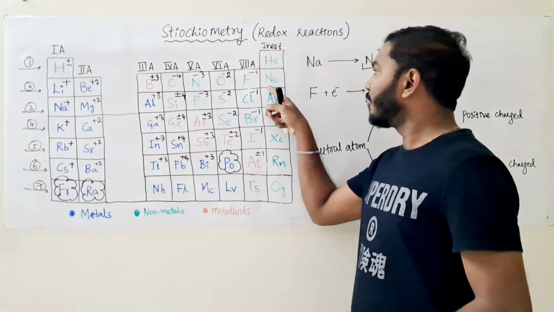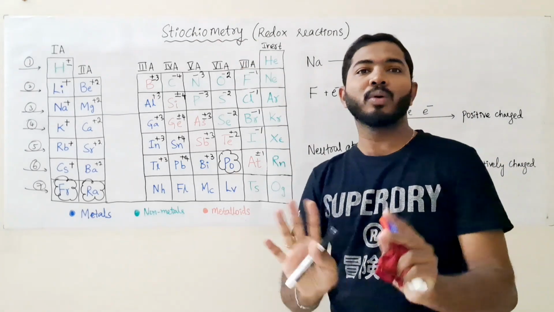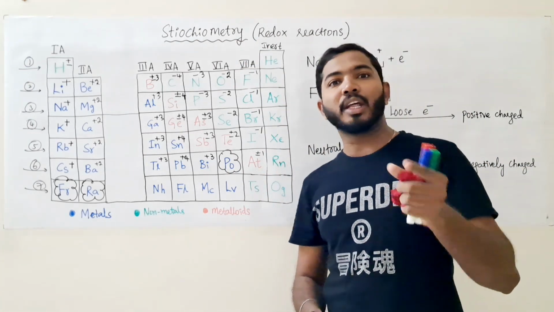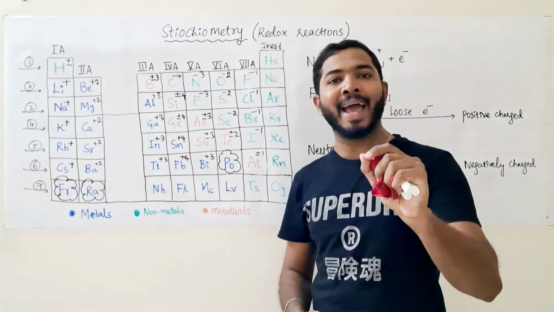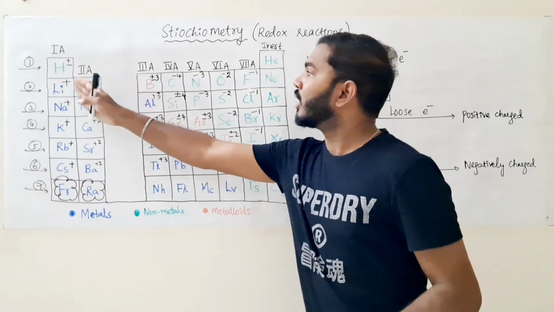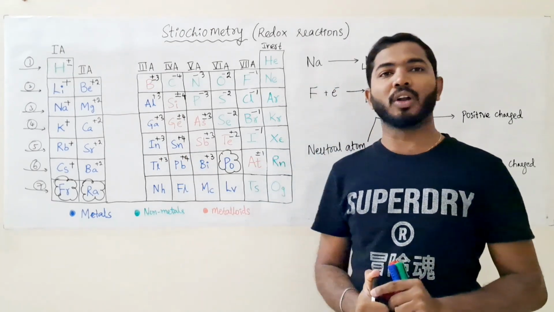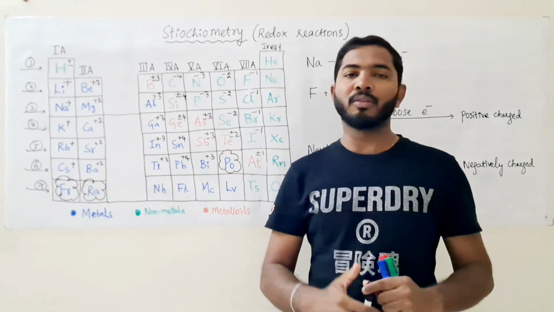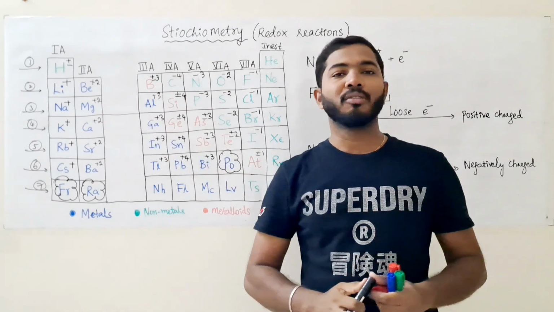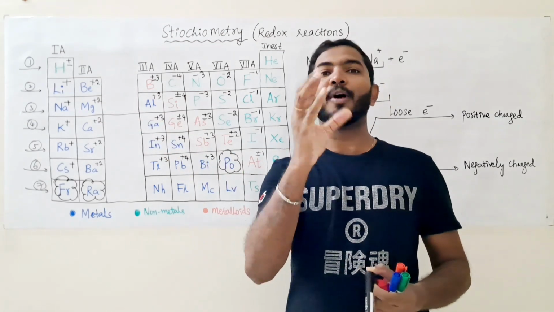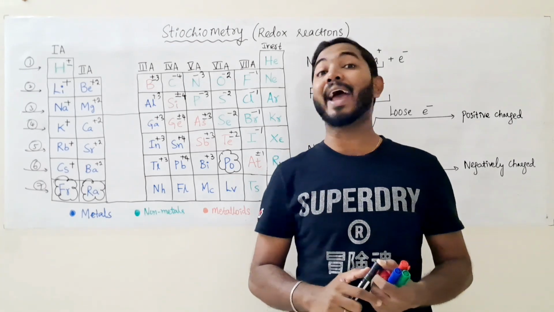After gaining, fluorine becomes F-. Now it is no more a neutral atom; it is a negatively charged species, generally called an anion. Similarly, before losing one electron, sodium or lithium used to be a neutral atom, but after losing one electron, they become positively charged, generally called a cation.